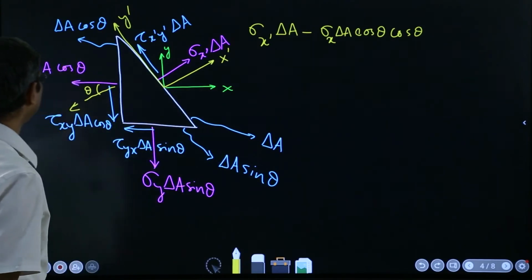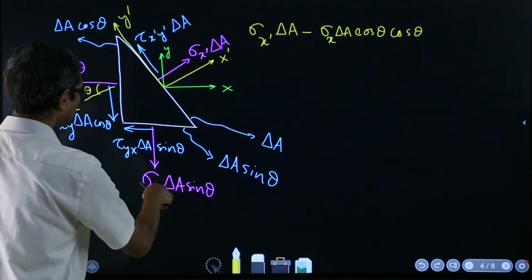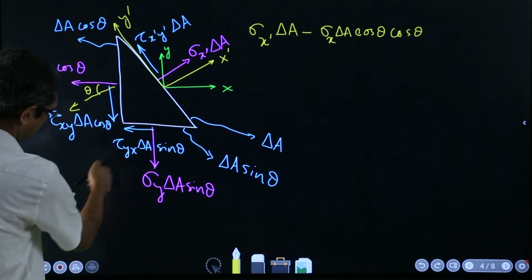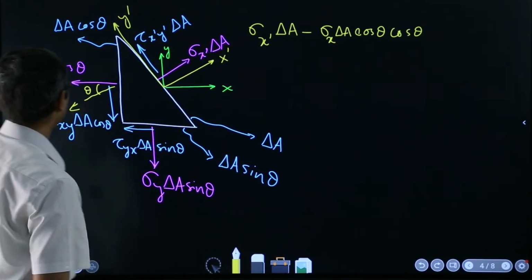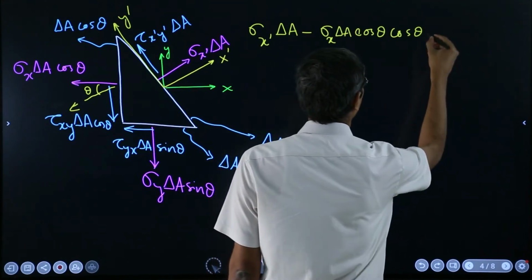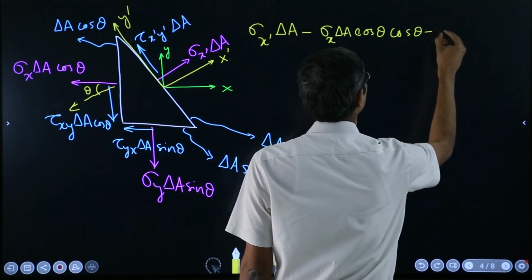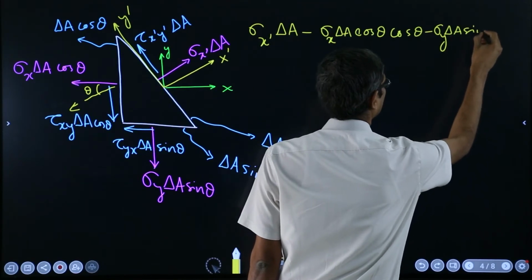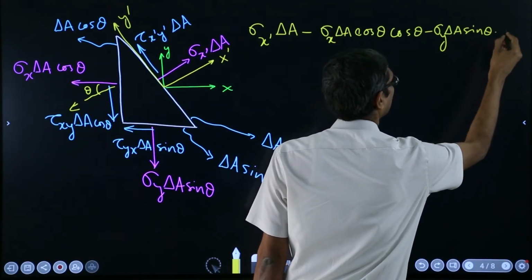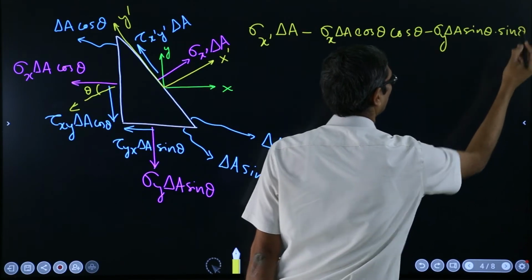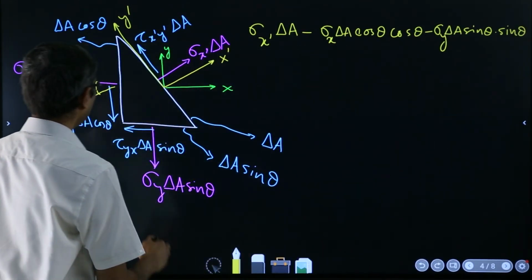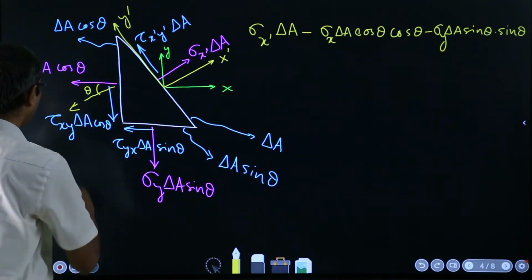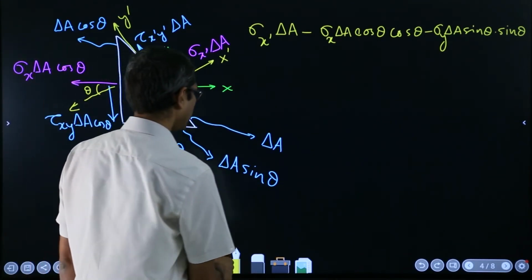What else is there? First let us consider the normal stresses. This one is 90 minus theta. So you will have minus sigma y delta A sine theta, and it is the sine theta component. Then let us come to the shear stress parts. This one will have its sine theta component.